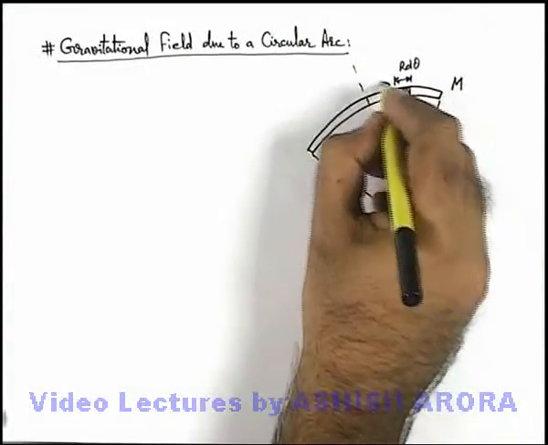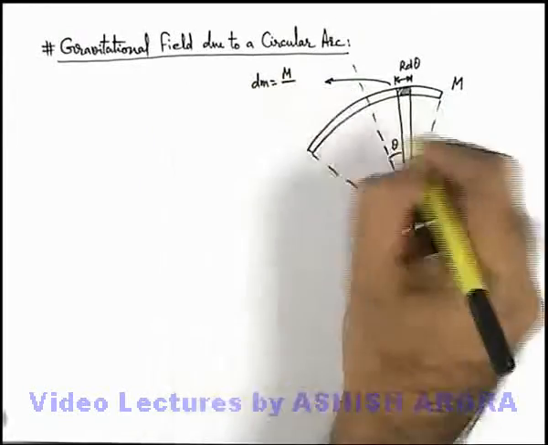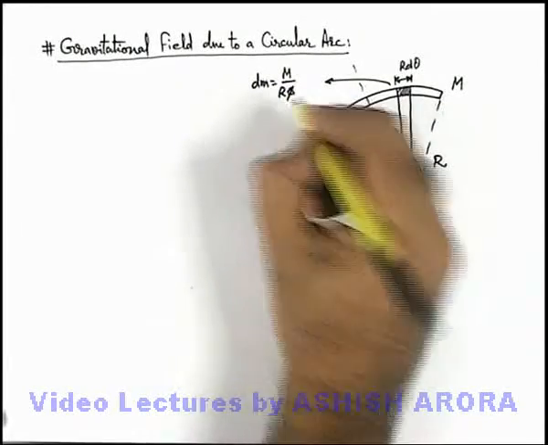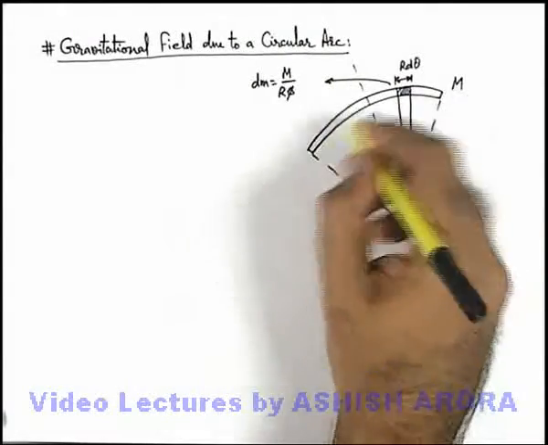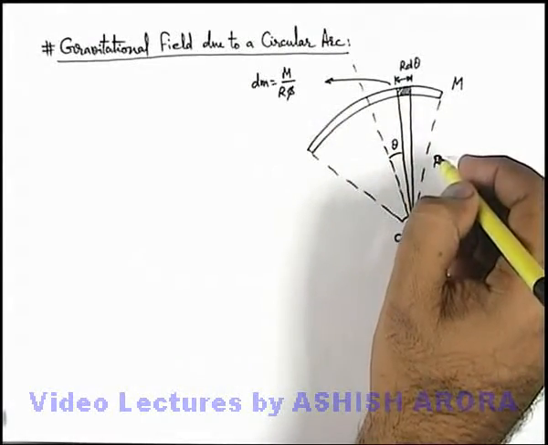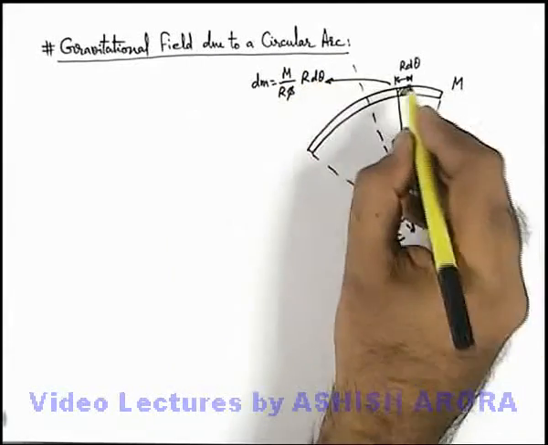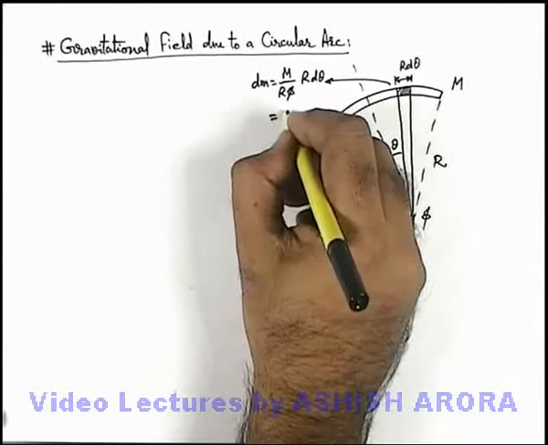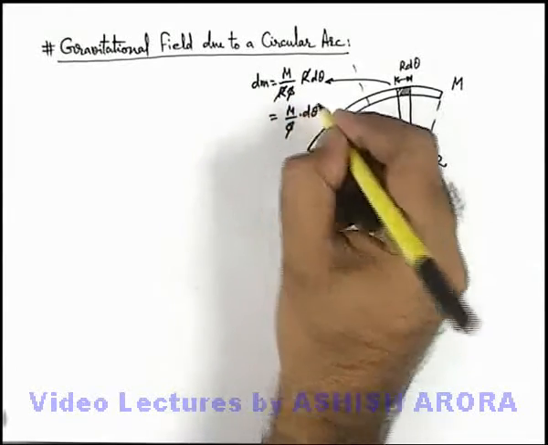For this element we can easily get its mass as m upon the total length, which is r phi, as phi is the total angle subtended by the rod at the center. So m by r phi multiplied by r d theta will be the mass of this element, which can be written as m by phi into d theta.